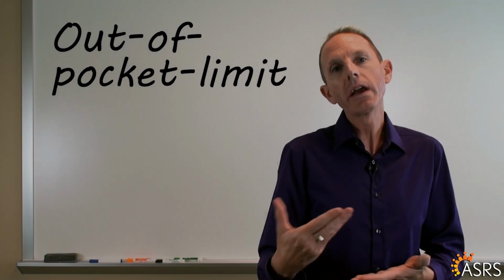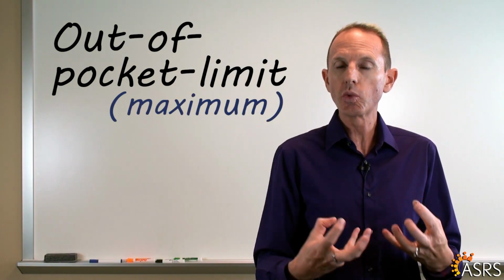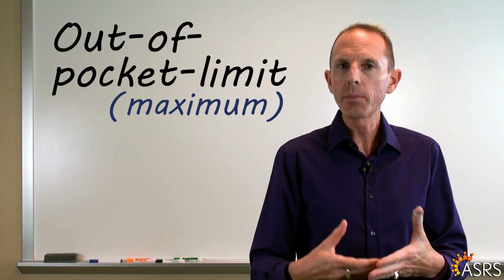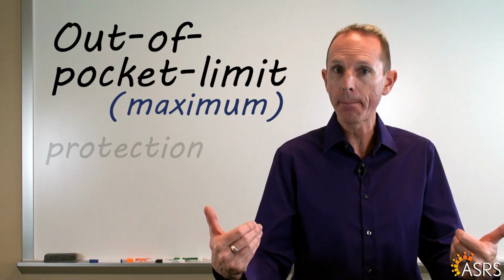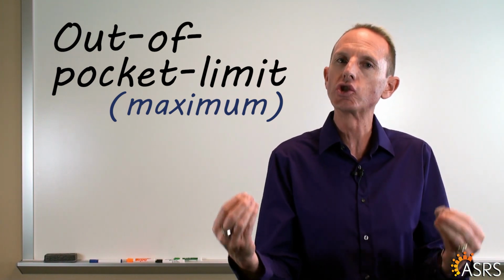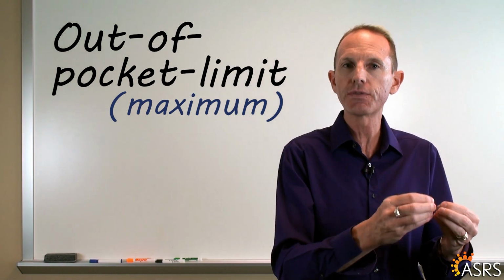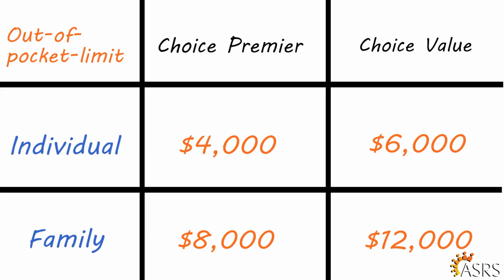Out-of-pocket limit. An out-of-pocket limit, or you may also hear it referred to as out-of-pocket maximum, is really just what it sounds like. It is your protection or your cap that you cannot go out of pocket more than a certain dollar amount. Now that dollar amount is going to differ depending on which plan you pick.